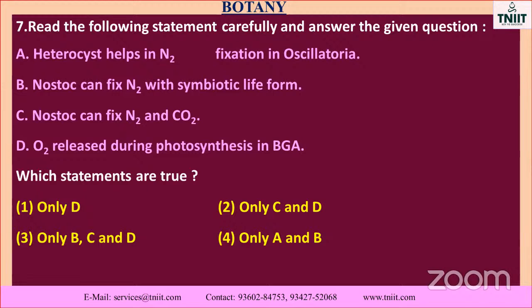The O2 is released during photosynthesis in BGA. Yes, it is also correct. Nostoc can fix nitrogen and carbon dioxide. Carbon dioxide it will not fix, so it will not come. So these two will not come. Okay, the nitrogen fixing ones will not come. So which one is the correct one? Only D is the correct answer.